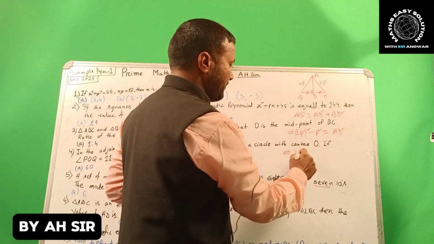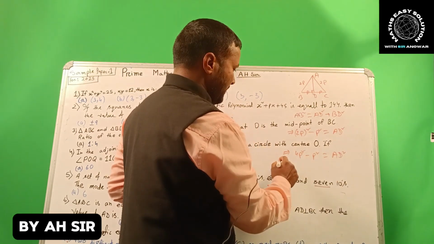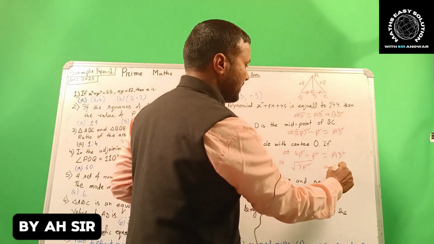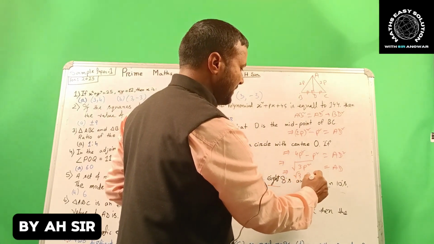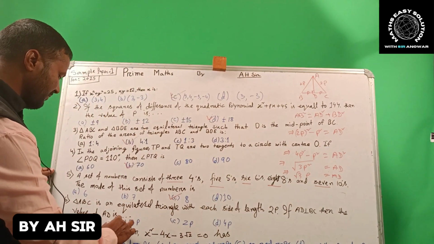Now here 4p square minus p square equal to AD square. Now here 3p square, square root this side equal to AD. Now p will come outside. Answer is root 3 p equal to AD. So this answer will be B.